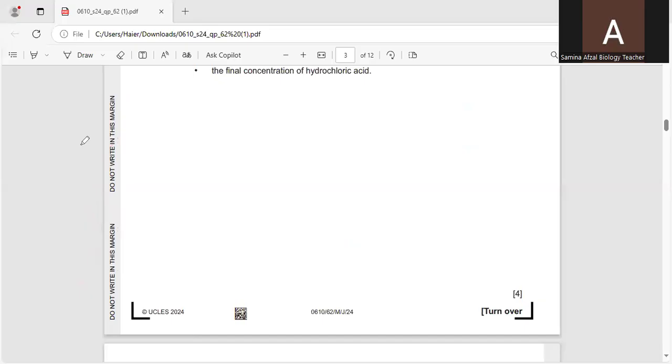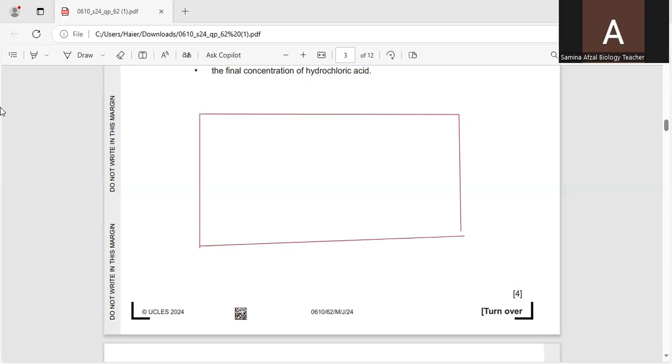And then you have to draw a table. In this way you can draw the table. I have made 3 columns, at least 2 columns are required.